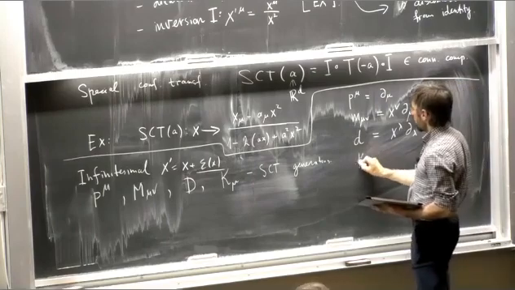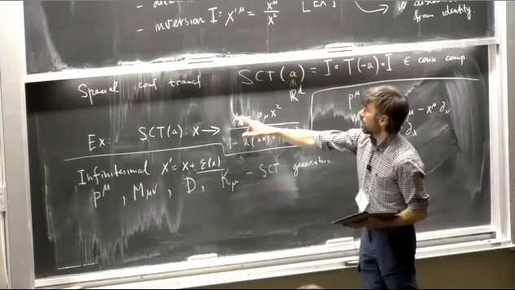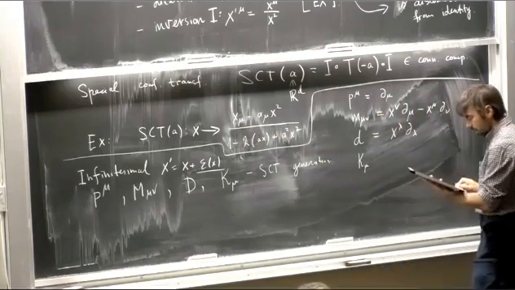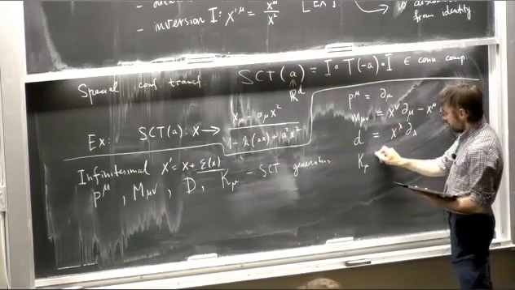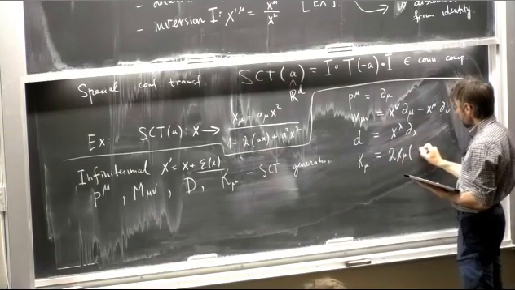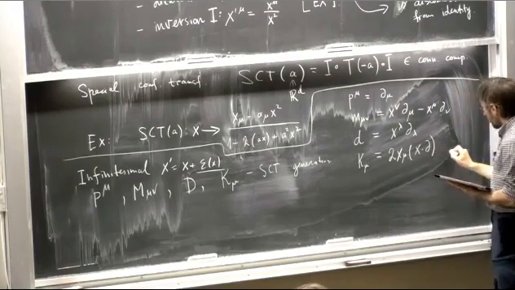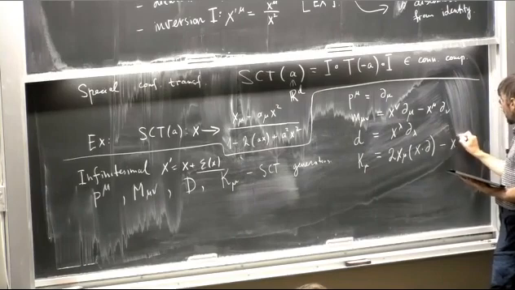And finally, the special conformal transformation vector field, which you obtain by taking the infinitesimal version of this SCT. This is more interesting, so it's equal to 2 x mu x times d minus x squared d mu.